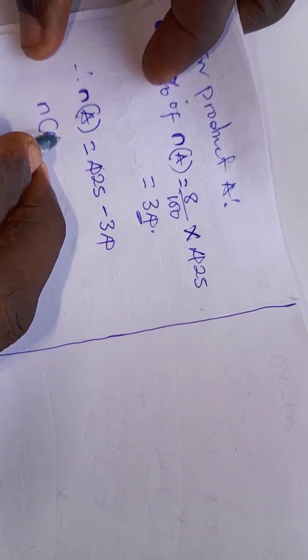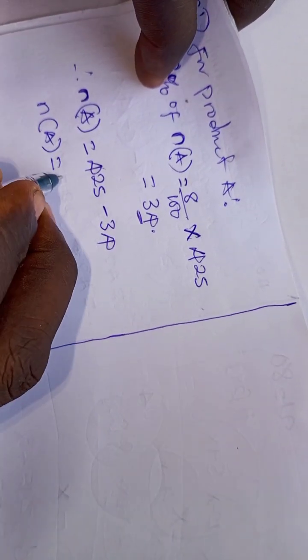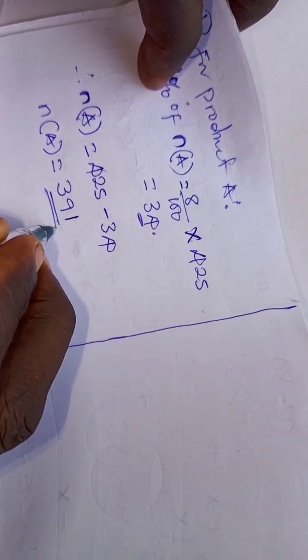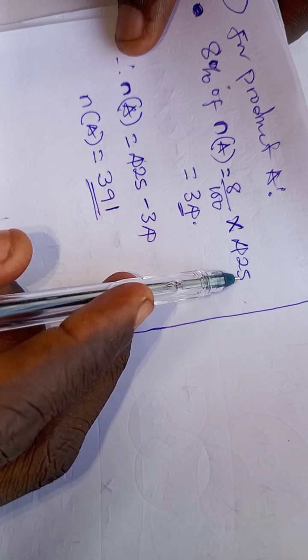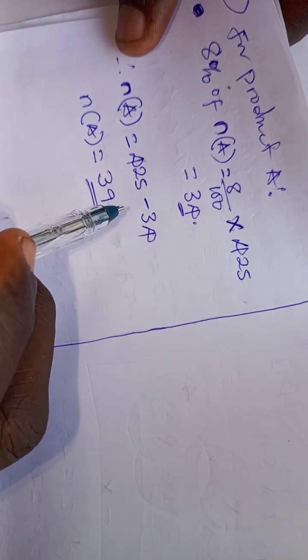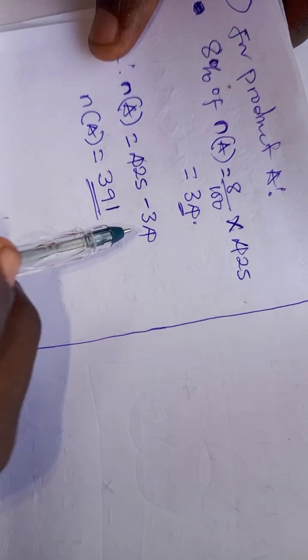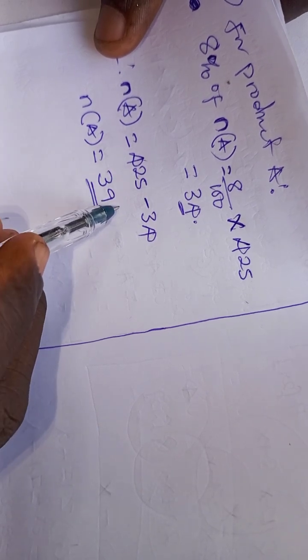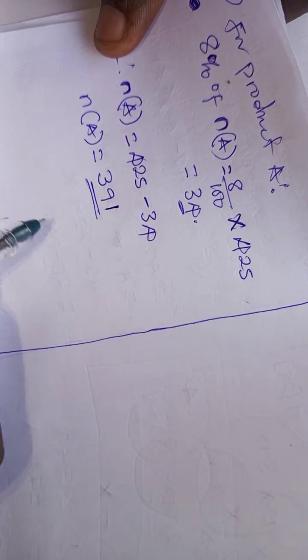So this will finally give us 391. So 425 was reduced by 8%, and only 391 customers remain that liked product A.